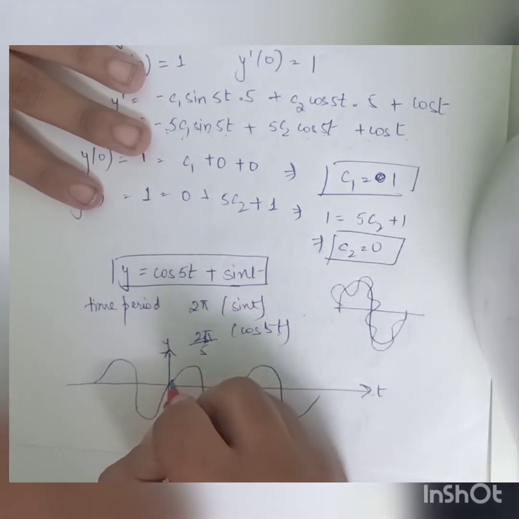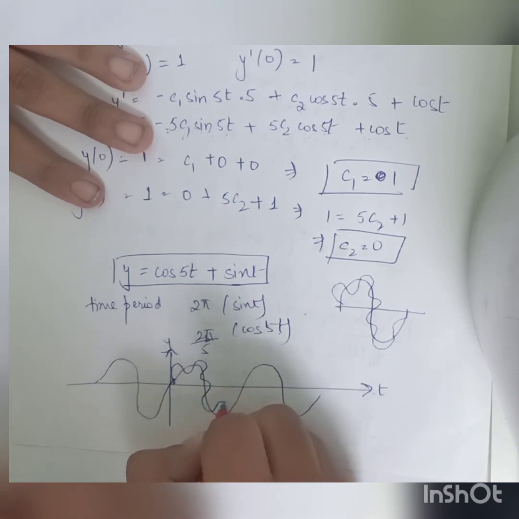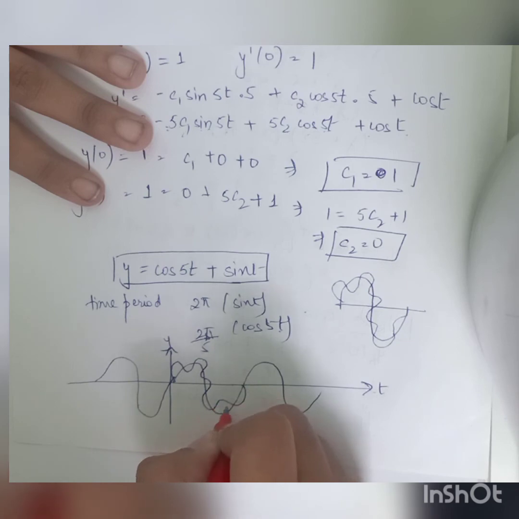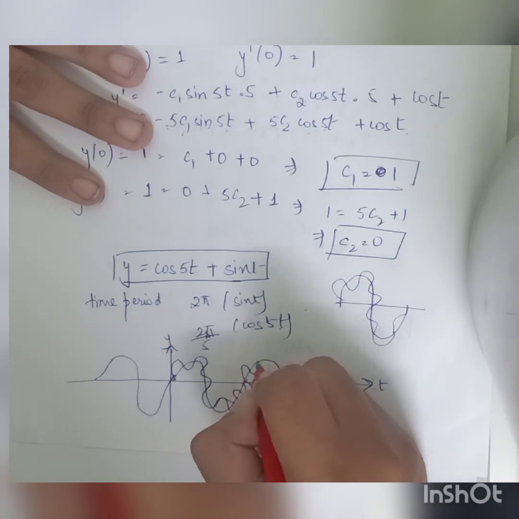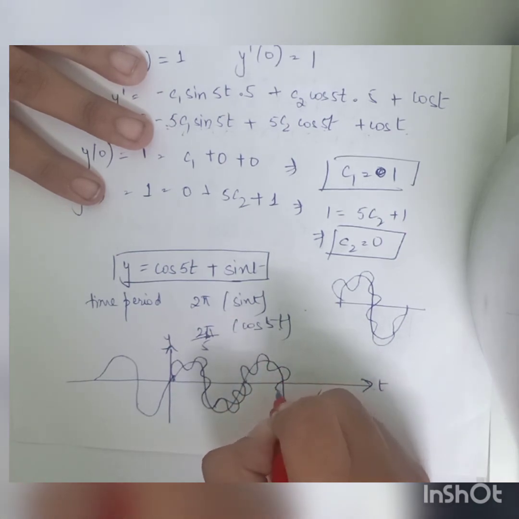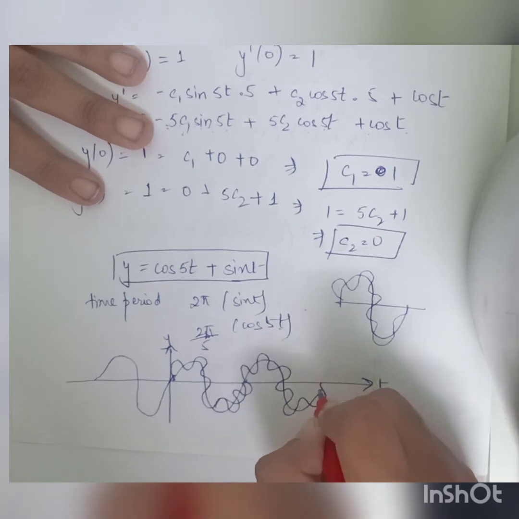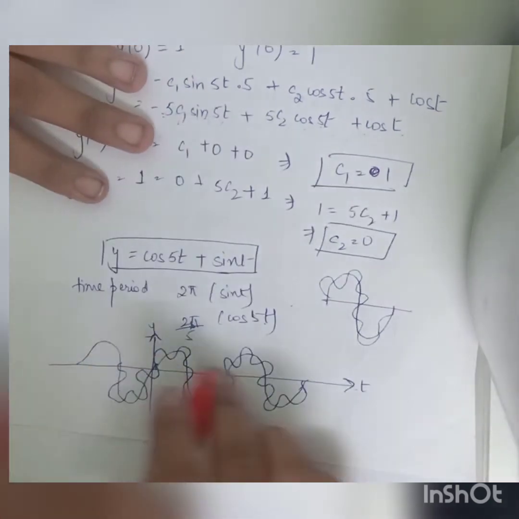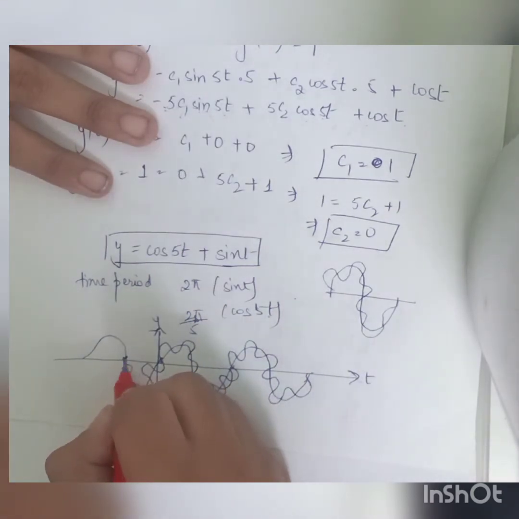Then we'll have cos 5t as one, two, three, four, five cycles, something like this here also. So the graph of the motion is this part.